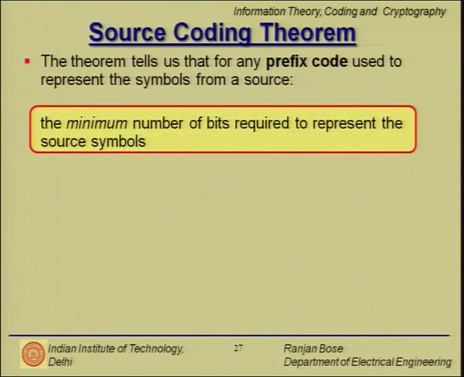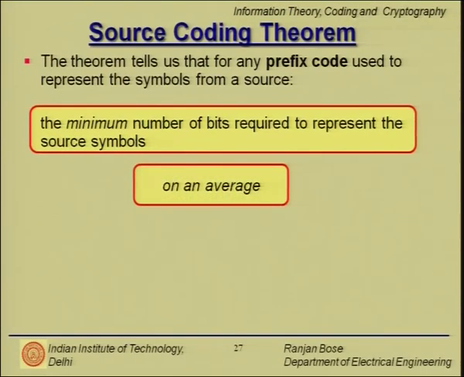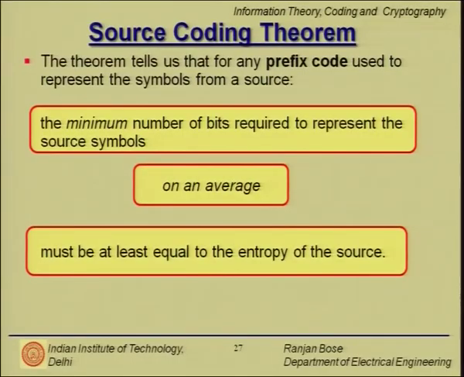It tells us something about the minimum number of bits required to represent a source symbol. It gives us the lower bound and upper bound. It says that the minimum number of bits required to represent source symbols on an average, because remember we have used H(x), which is the average self information, must be at least equal to the entropy of the source.